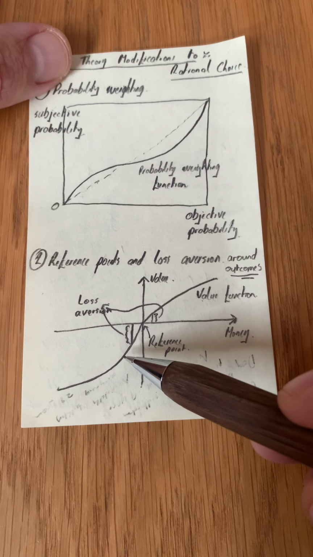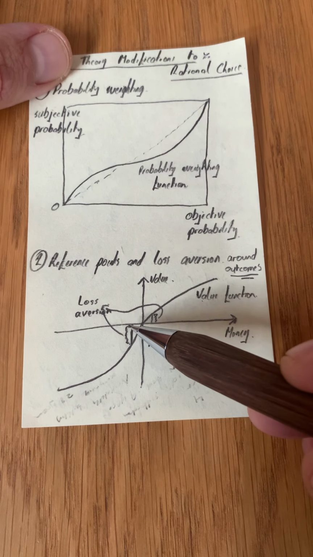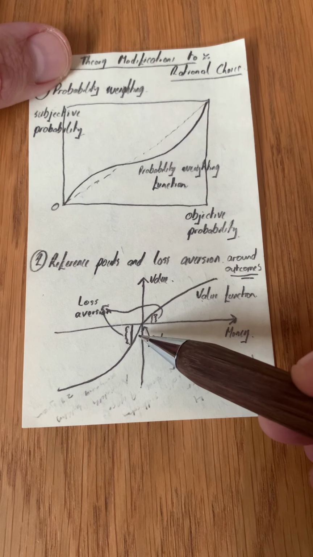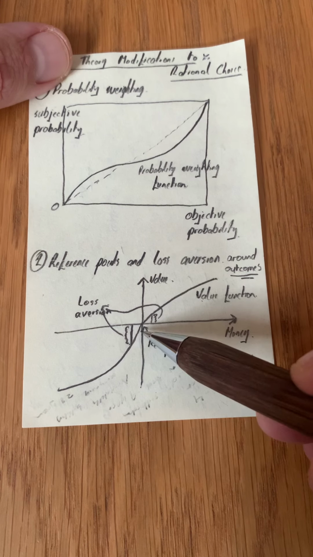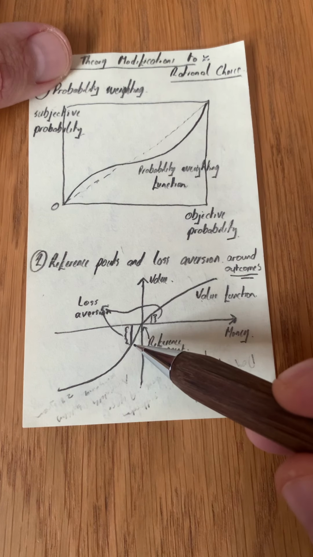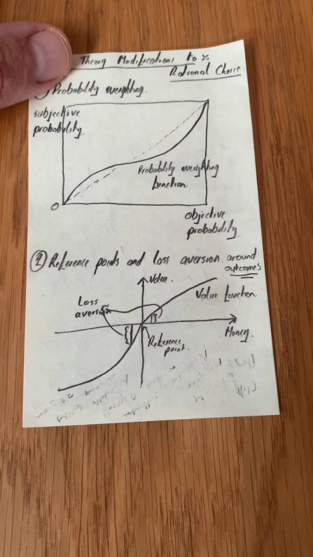And if people conversely overweight small probabilities of losses, then for small probability losses, that might lead people to demonstrate risk-averse behaviours in the domain of losses. Right? Risk-averse behaviours in the domain of losses when they're faced with small probability losses.